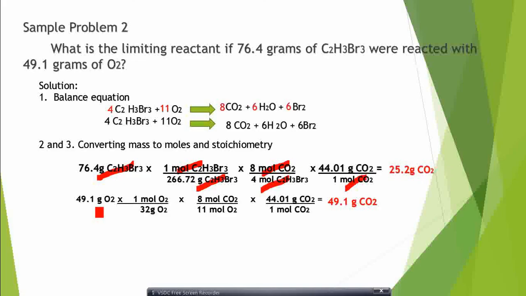So therefore, the vinyl bromide is the limiting reactant because you only have 25.2 grams of carbon dioxide, unlike the oxygen, which gives 49.1 grams of carbon dioxide.